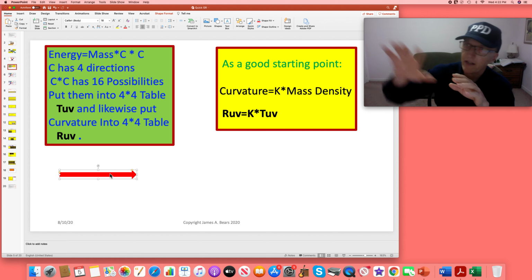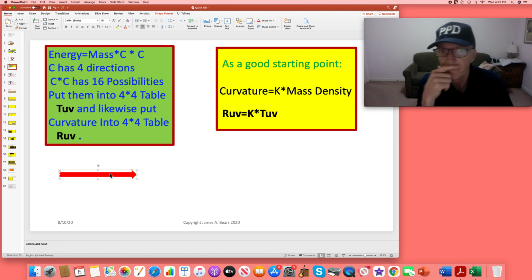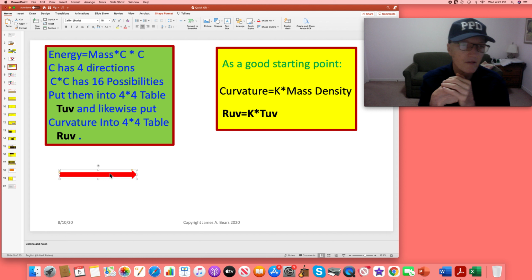And then on the other side, because the curvature depends on the mass density, right, the curvature is also in a 4x4 table for very similar reasons, and they call that the curvature tensor. So it's R subscript UV.